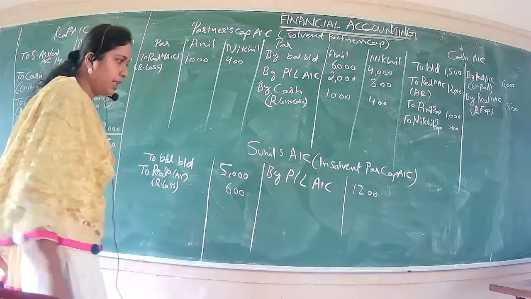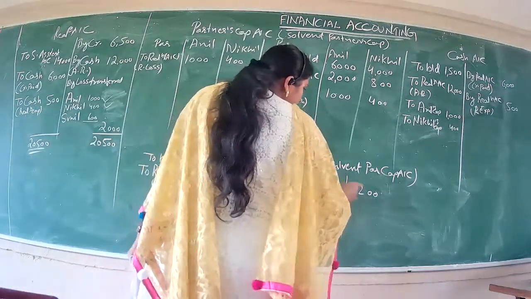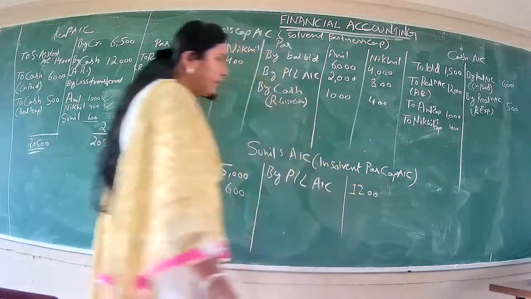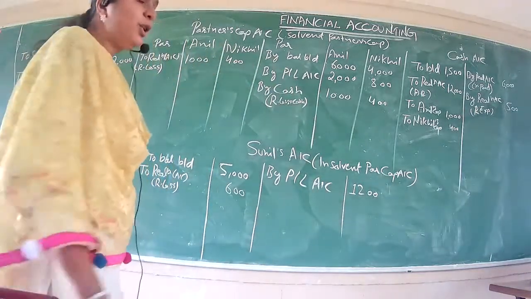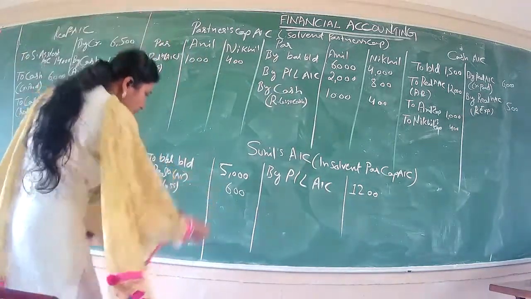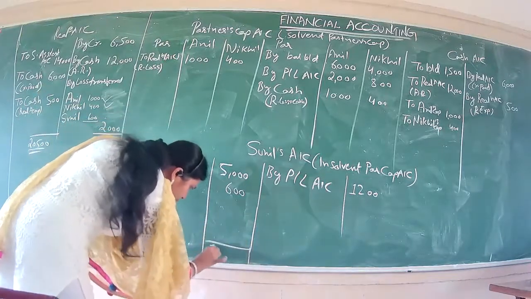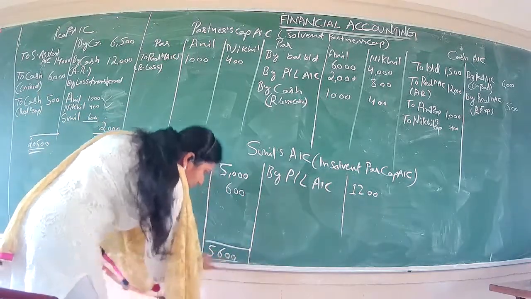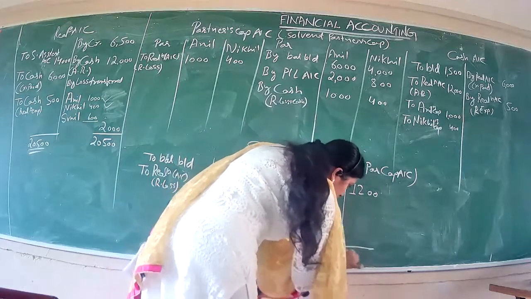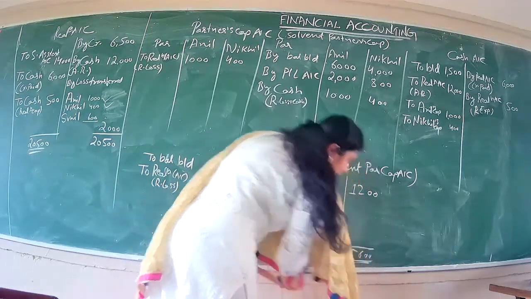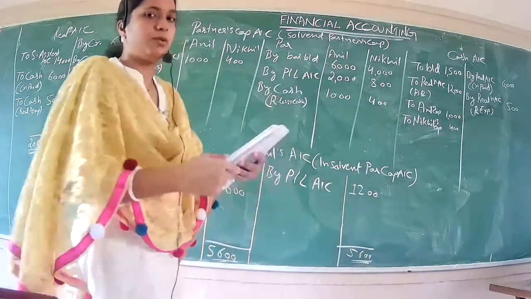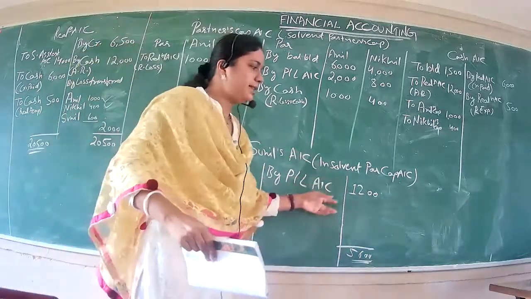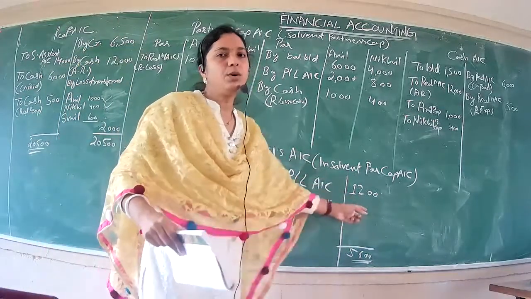Total is 5,600. And his share in the profit at the time of dissolution of the firm is 1,200. So total 5,600 on this side. First we'll do the easy things. But now, how to balance it?